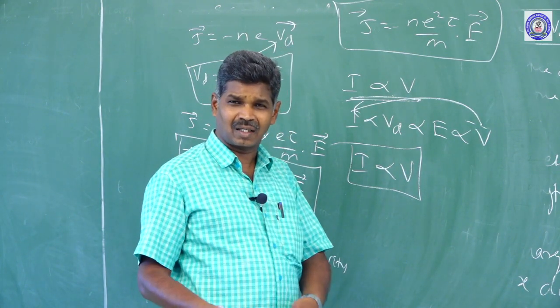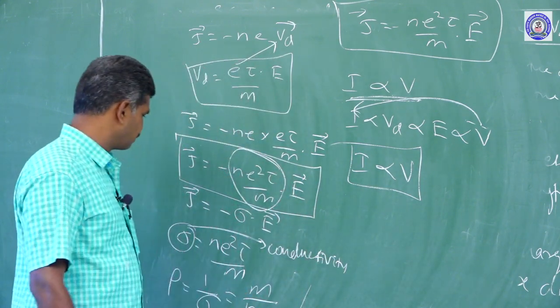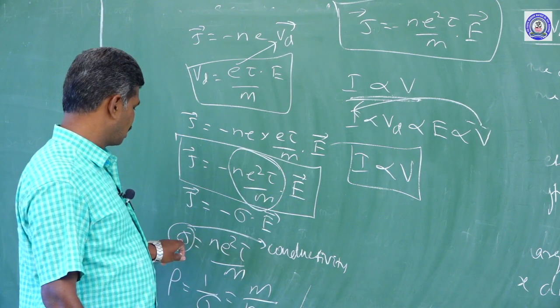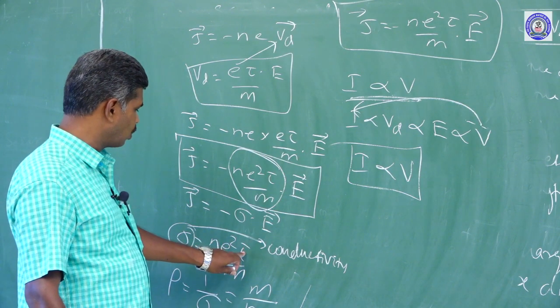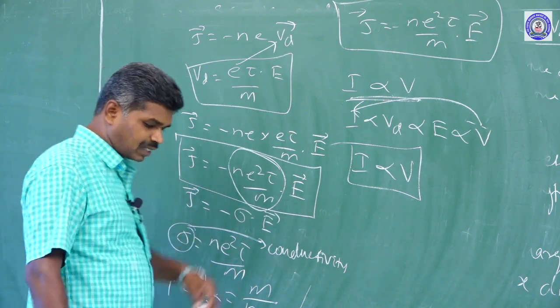For a conductor, temperature and conductivity are inversely proportional, because in sigma is equal to n e squared tau by m, as temperature increases, tau decreases, so conductivity decreases.